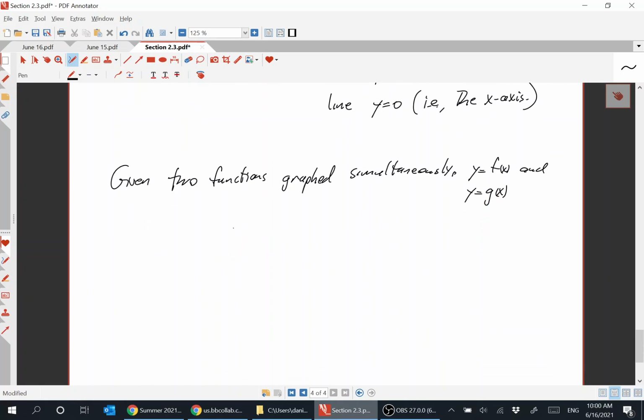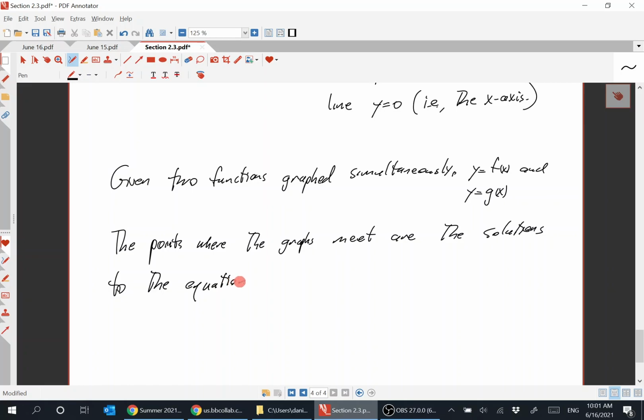The places where they meet are the solutions to the equation f of x equals g of x.